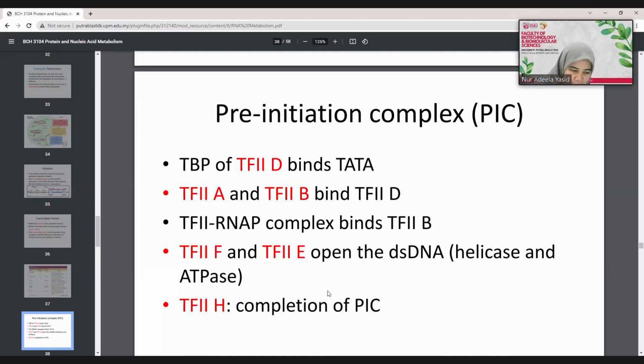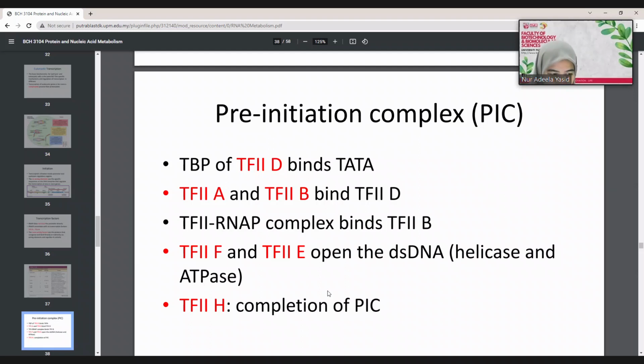Now F and E. B serves as a bridge so that it helps to place the polymerase in the correct position to initiate the transcription. Then F and E help to unwind the DNA with the help of helicase and ATPase, so it requires ATP hydrolysis.